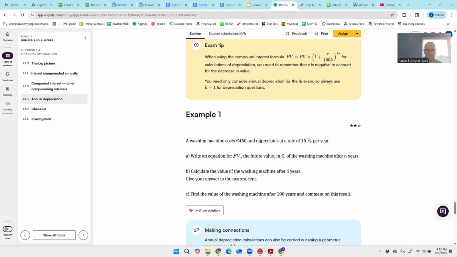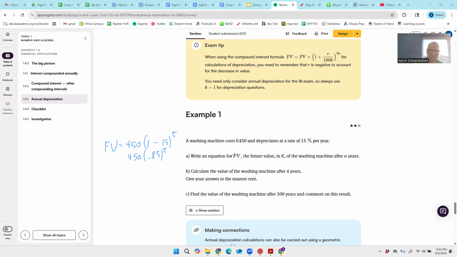We are just talking about basically the same thing, but we're going to go minus. It's an annual depreciation. Future value equals starting amount, present value, 1 minus 0.15 to the t. You could also write this simplified as 0.85 to the t. You probably should when it's your final equation.